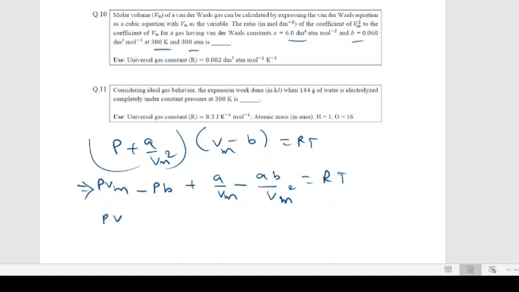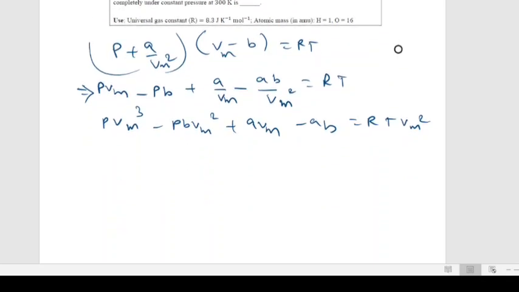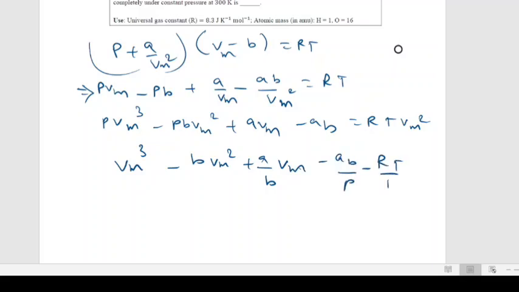So PVm cube minus PB Vm square plus A into Vm minus AB is equal to RT Vm square. Let's divide the whole equation by P because we want the cubic equation in terms of only Vm cube. So Vm cube minus B Vm square plus A by P into Vm minus AB by P minus RT by P into Vm square is equal to 0, right?